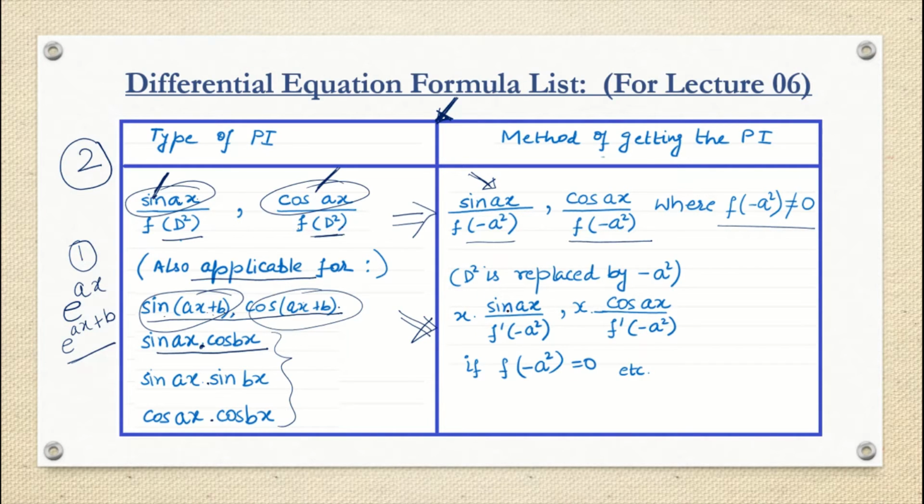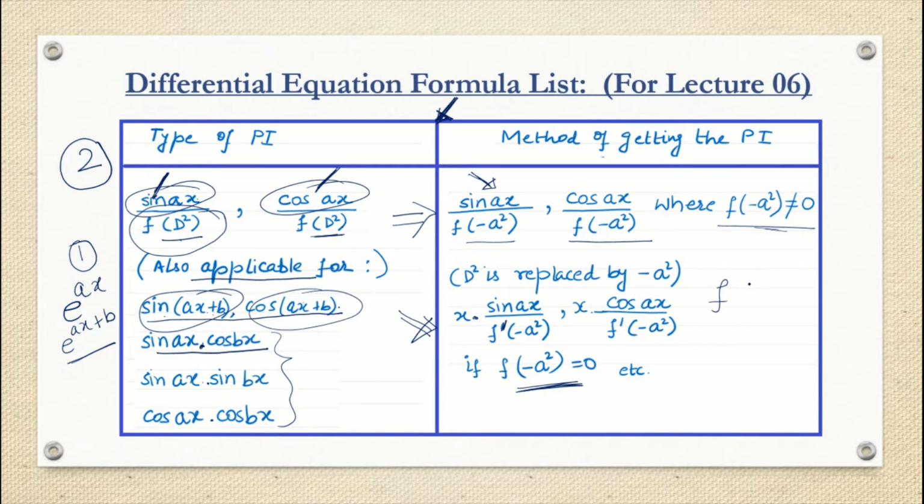But if the denominator is 0, what are you going to do? In this case, we will find the differentiation of f of d square, right? We will find the differentiation of f of d square, and then in the numerator we will multiply by x.